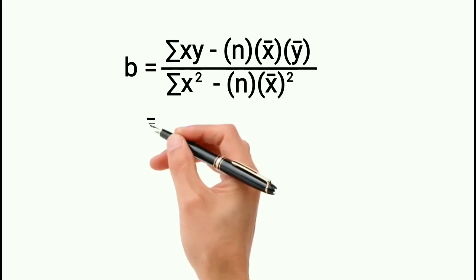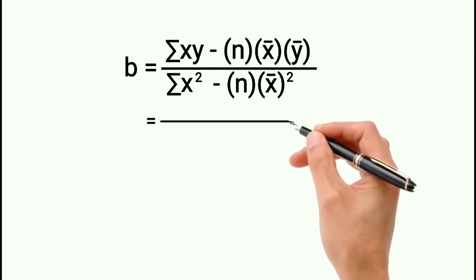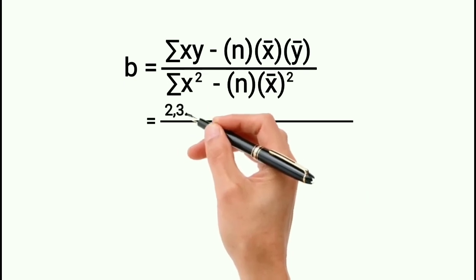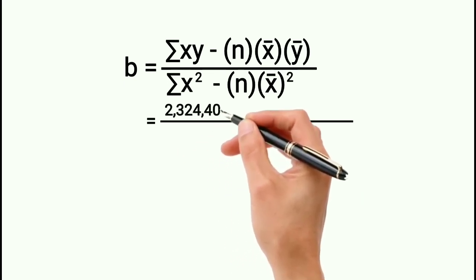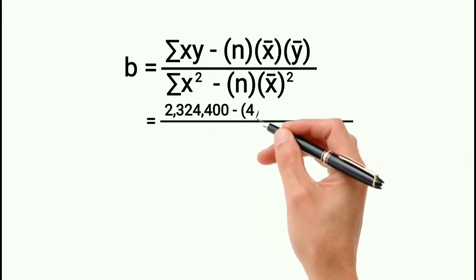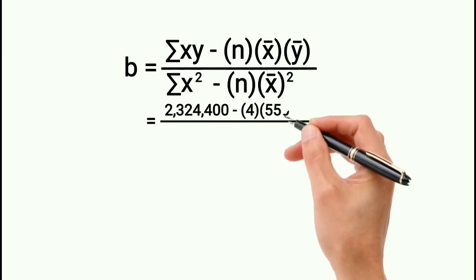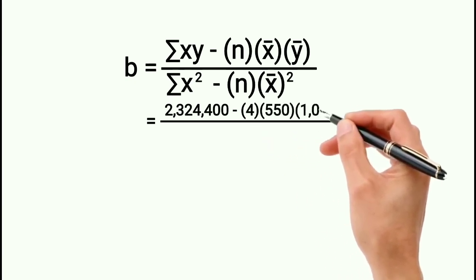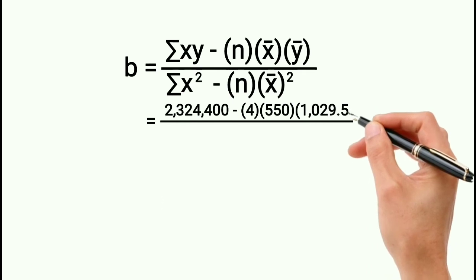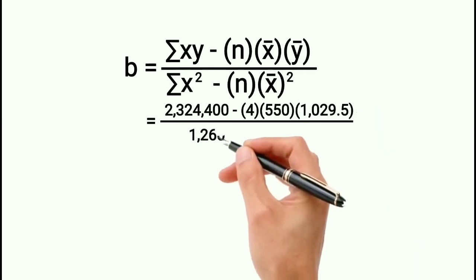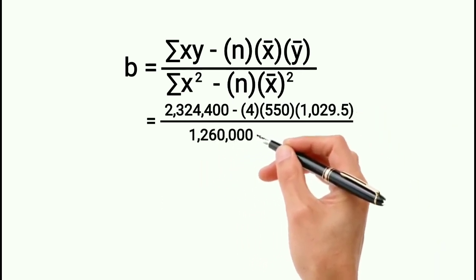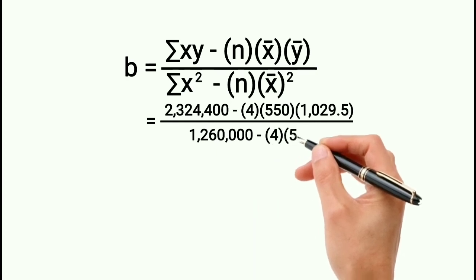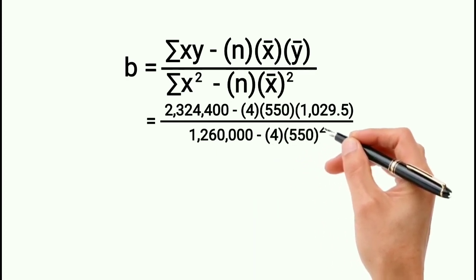I-substitute lang natin lahat ng values. b is equal to 2,324,400 minus 4 times 550 times 1,029.5 over 1,260,000 minus 4 times 550 raised to the power of 2.